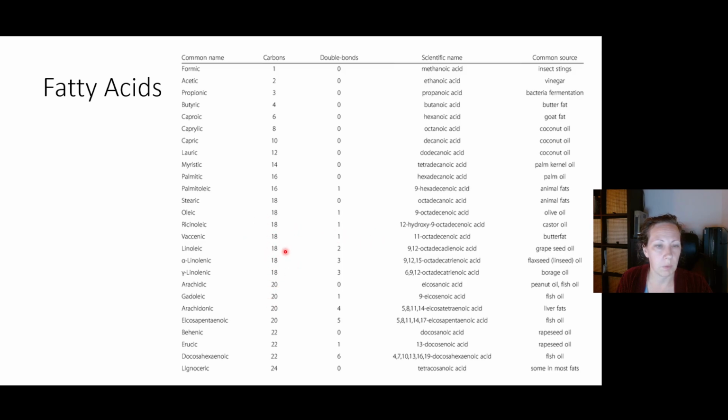Another 18 carbon with 2 double bonds is linoleic. 18 with 3 double bonds is linolenic, and so on. Okay, you're not going to have to know all of these common names by any means, but you should start to recognize some of the more common ones.